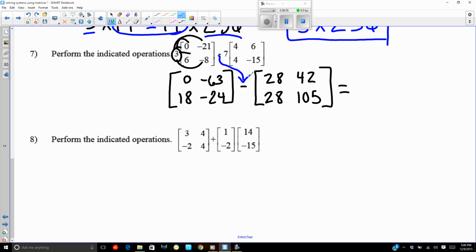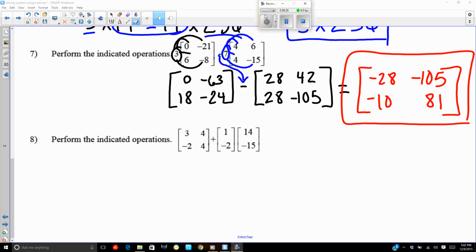And then all I did was actually multiply everything in that matrix by a positive 7. So everything in here got multiplied by a positive 7. So now all that's left is to subtract those two matrices, and that should be pretty easy. All right, so this should be your answer to number 7. I did have a mistake earlier. That should be a negative 105 and not a positive 105.